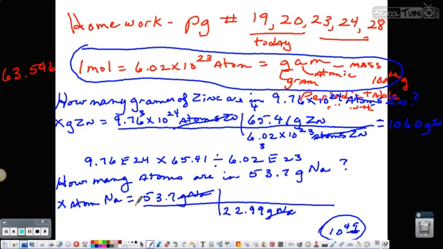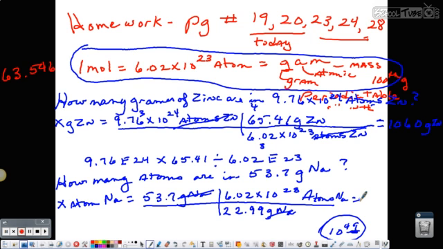On the top, I'm looking for atoms. The number that goes with atoms is 6.02 times 10 to the 23rd atoms of Na.